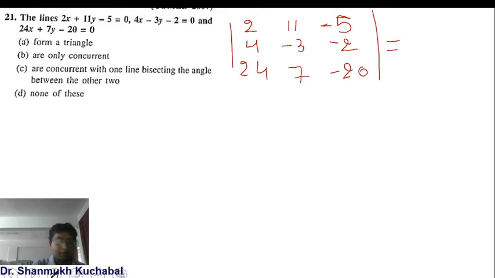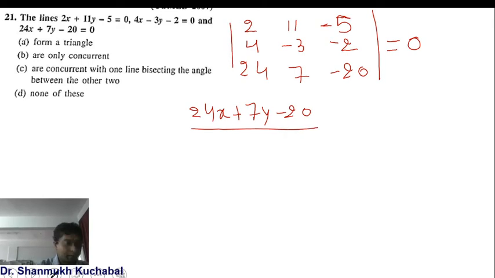This is equated to 0. If the lines are concurrent, I am using the equation 24x plus 7y minus 20 divided by the magnitude, 24 square is 576, 7 square is 49, equal to plus or minus.